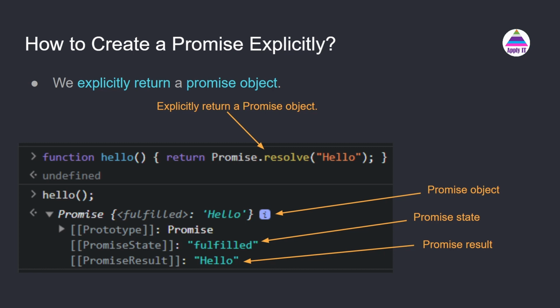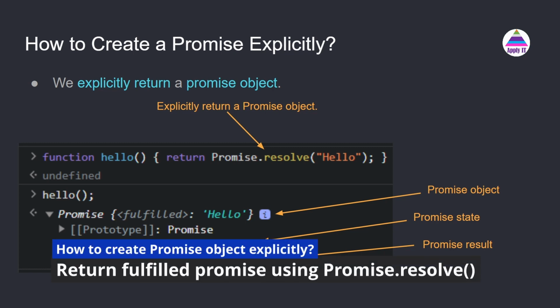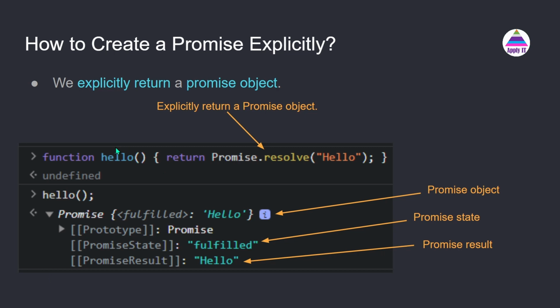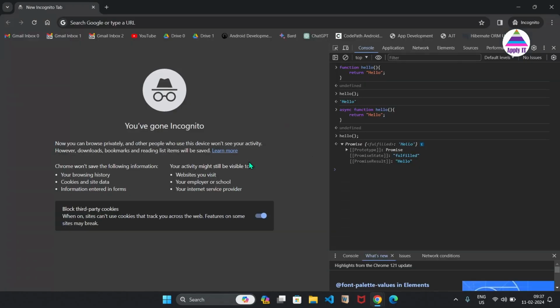So generally resolve will be used to return a successful response, and reject will be used to return an error response. So you can see here that we haven't marked this function as async. So even though the function is not marked as async, that function can return a promise object. So again, let's go back to Google Chrome and try to understand it.